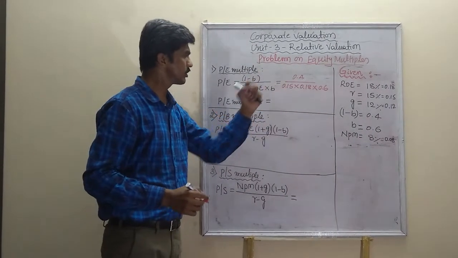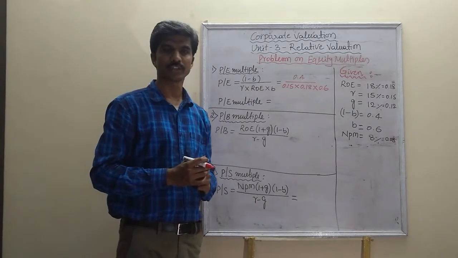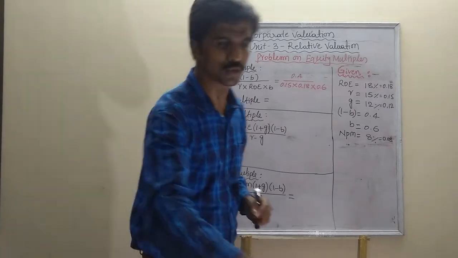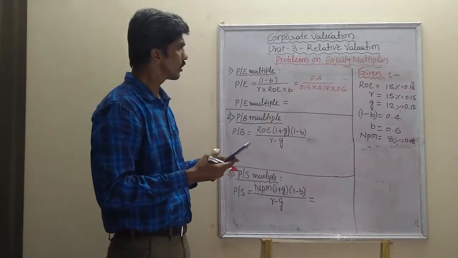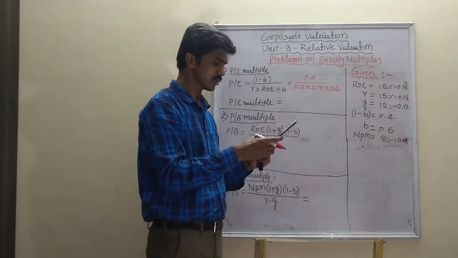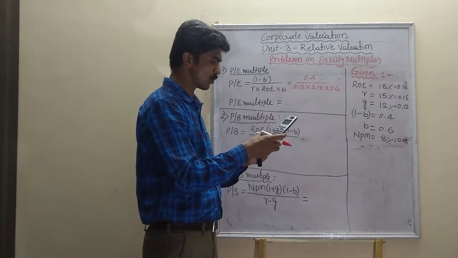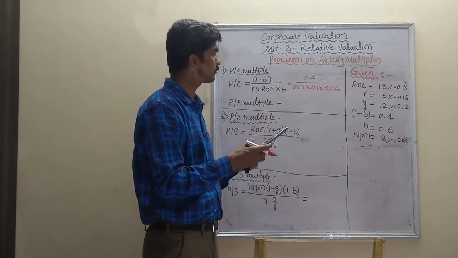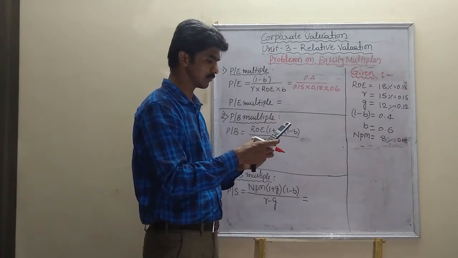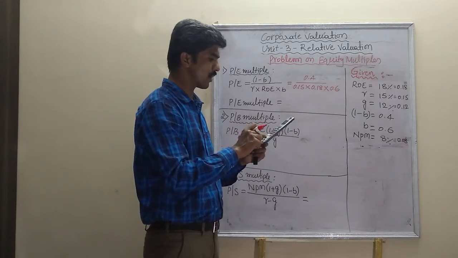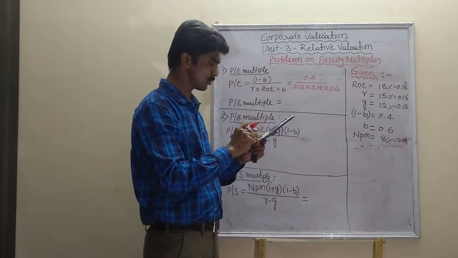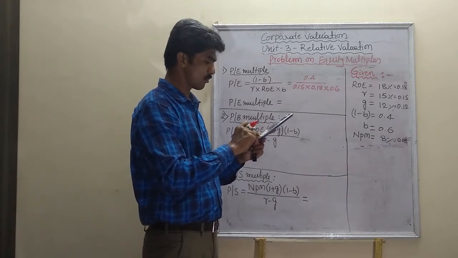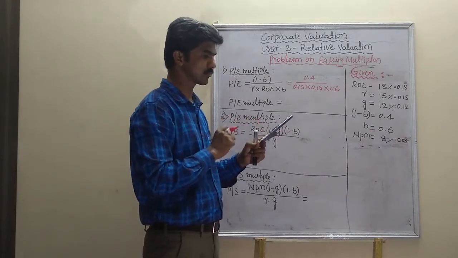If you calculate using a calculator, you will arrive at 0.4 divided by 0.15 into 0.18 into 0.6.